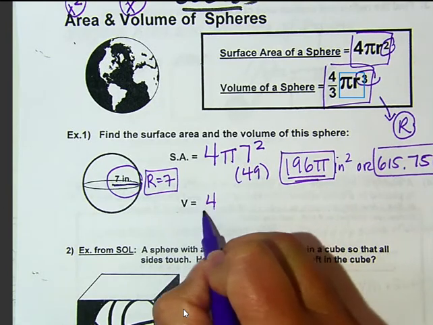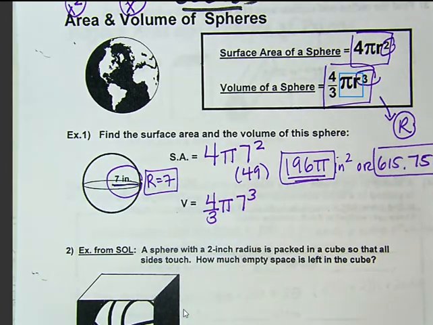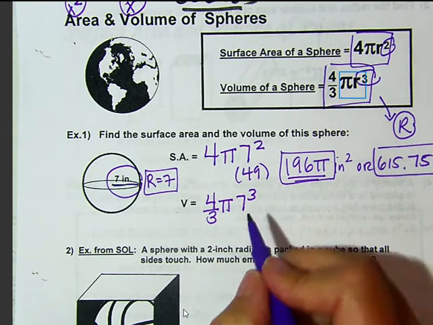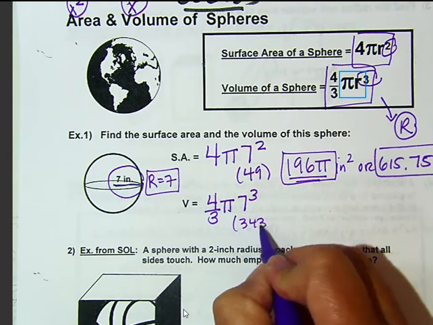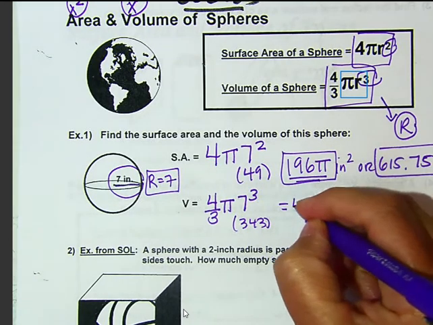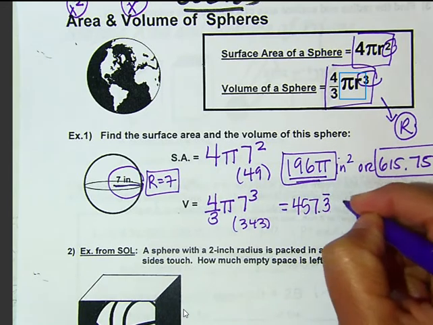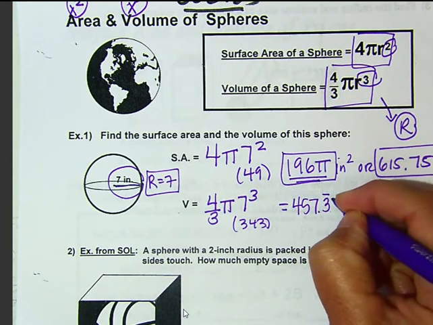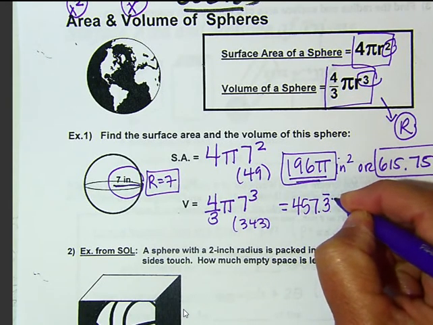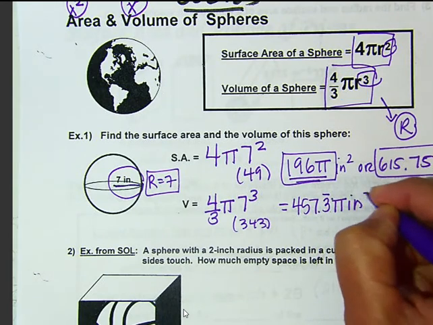This one is 4/3 times pi times 7 cubed. So 7 to the third is 343. Times 4 divided by 3 is 457.3 repeating, so 457.3 pi.